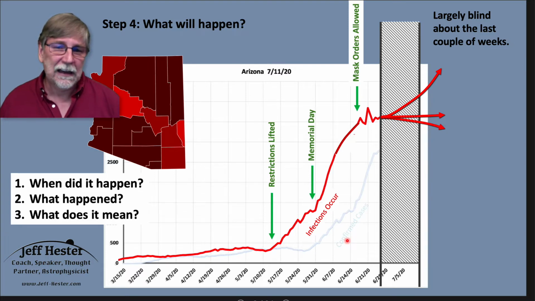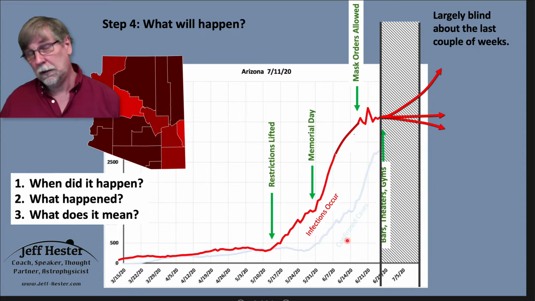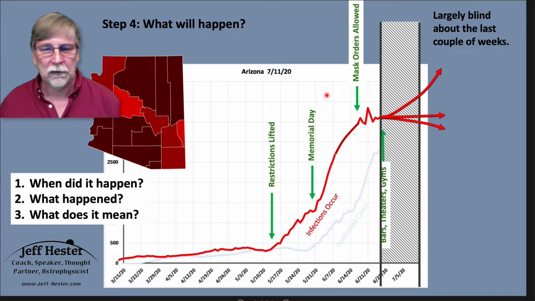Now, I will say in the case of Arizona, there are maybe some good things that'll go on. Hopefully in the next few days, we might see the effects of closures of bars, theaters, and gyms that had been opened up, and then things started going up. They said maybe we ought to do something about it.